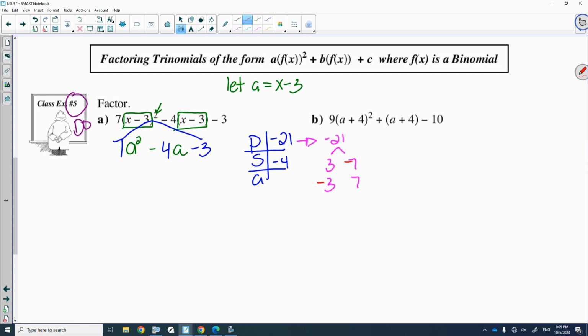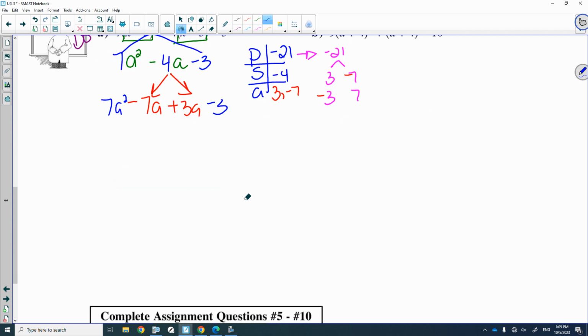Steve, what would the 2 numbers be that will give me the sum of negative 4? Okay. Minus 7a plus 3a. Okay, so you guys factor that.